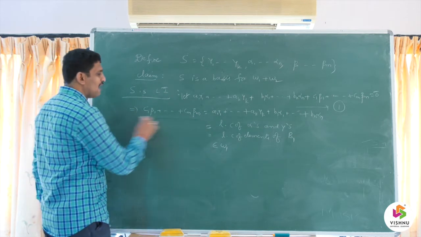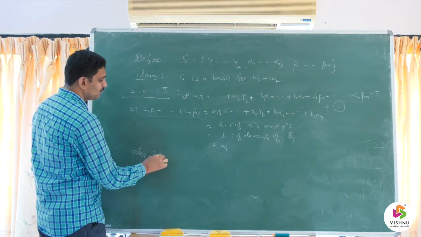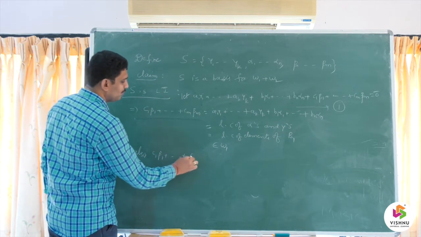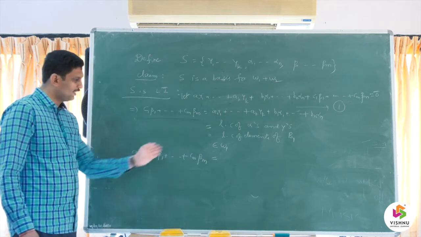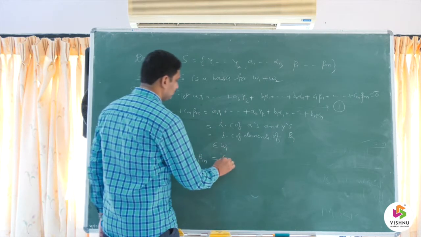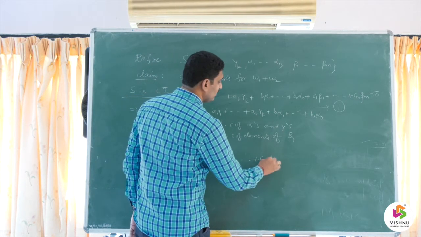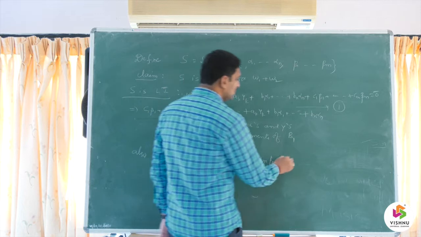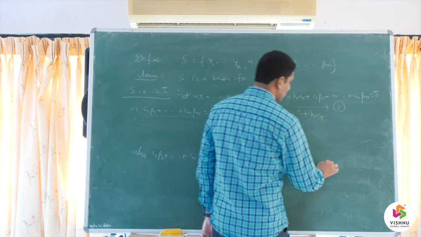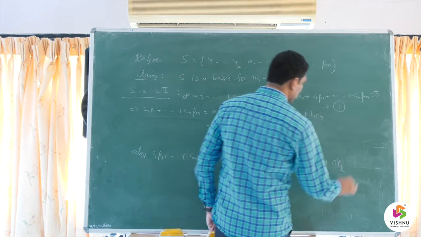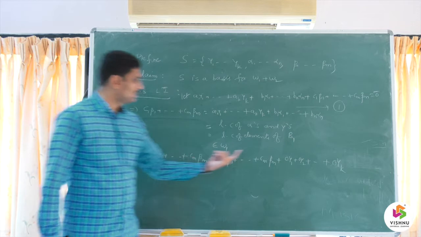Also, I will consider the same part, C1 beta 1 plus so on plus Cm beta m. Now, this thing I will write as the same thing as it is, plus 0 into gamma 1 plus 0 into gamma 2 plus so on plus 0 into gamma k. So this thing can be written like this without any change.